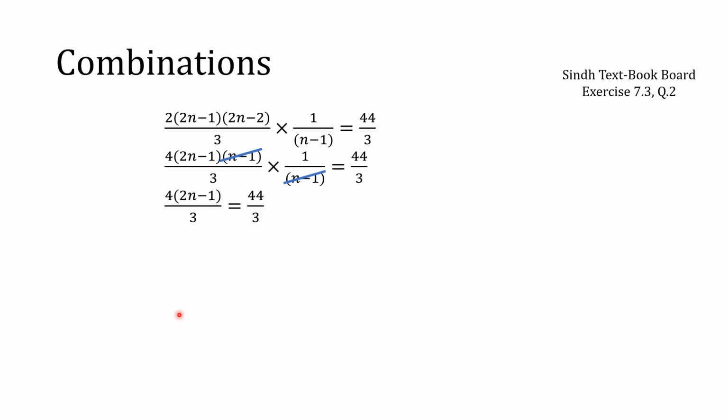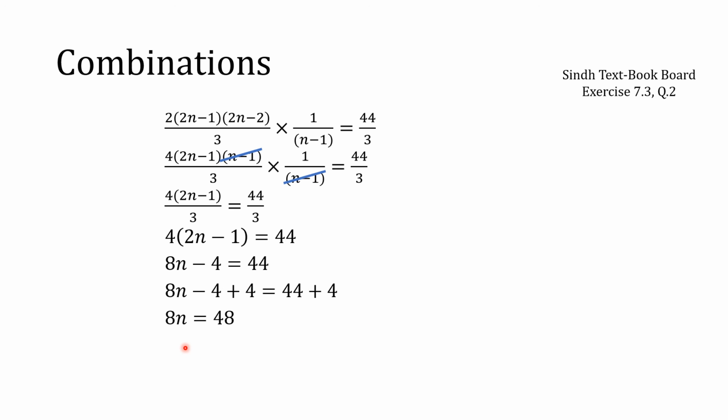By multiplying 3 on both sides, we will have 4 times 2n minus 1 is equal to 44. Multiplying 4 into this factor, we will have 8n minus 4 is equal to 44. By adding 4 on both sides, we will have 8n is equal to 48. By dividing 8 on both sides, we will have n is equal to 6.